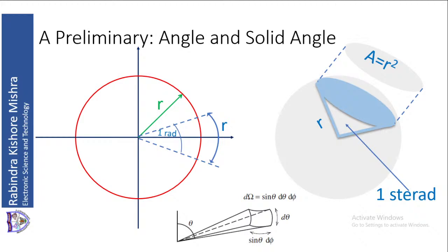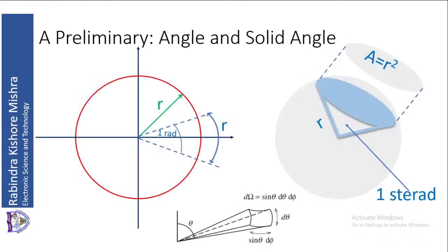So d omega is the solid angle subtended by an infinitesimally small area at the center of a sphere, or at the center of a spherical coordinate system.